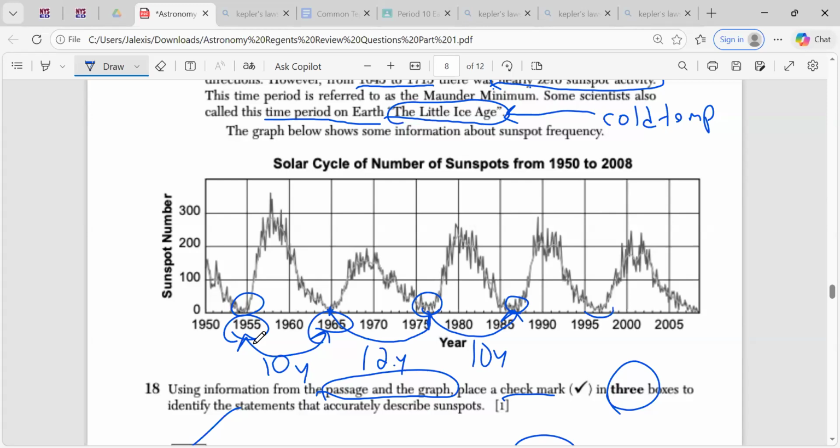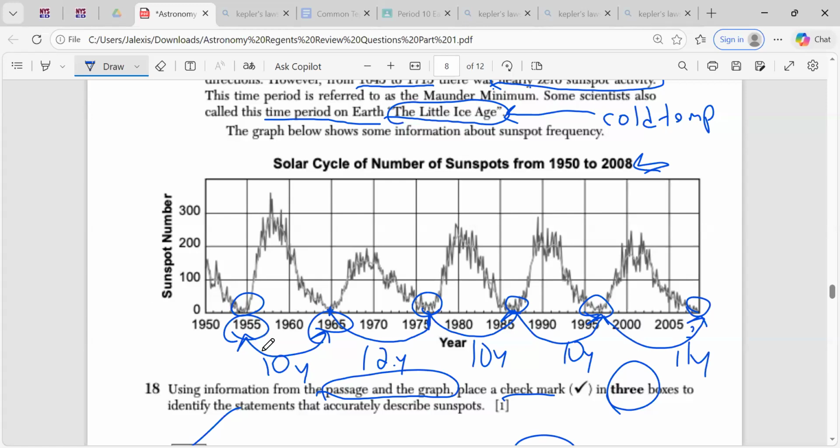1987, and it repeats itself again to about maybe 1997, right? Or so, maybe about another 10 years. 1997, and this goes all the way to, it looks like 2008, which is the last year. So 1997 to 2008 looks to be about 11 years.